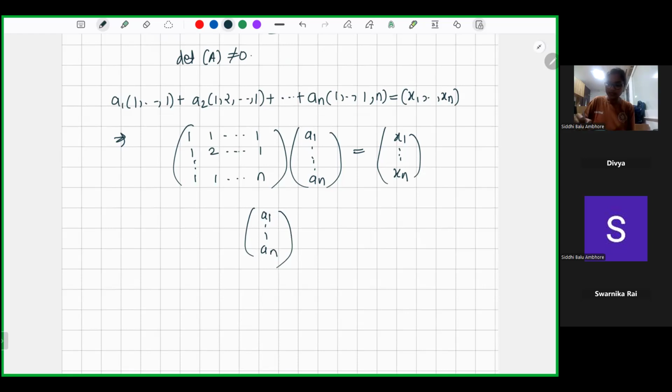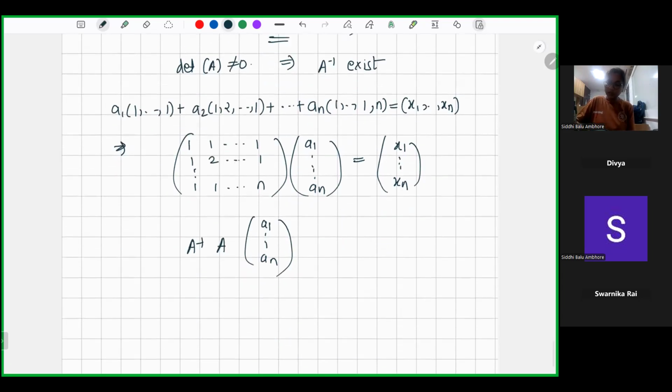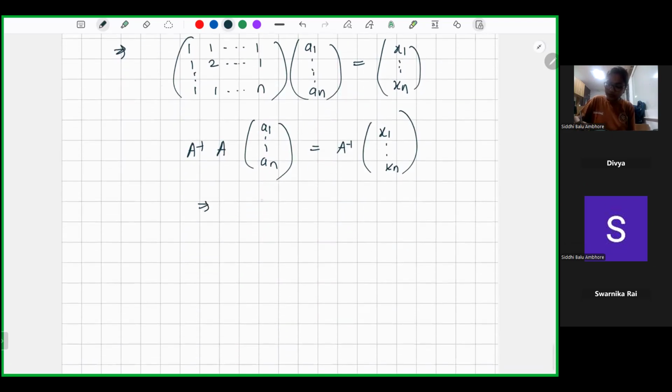We know what solution a1 to an is. As I told you last time, the determinant of A is non-zero, so A inverse exists. Multiplying by A inverse, A into A inverse becomes the identity, so a1 to an equals A inverse times x1 to xn.